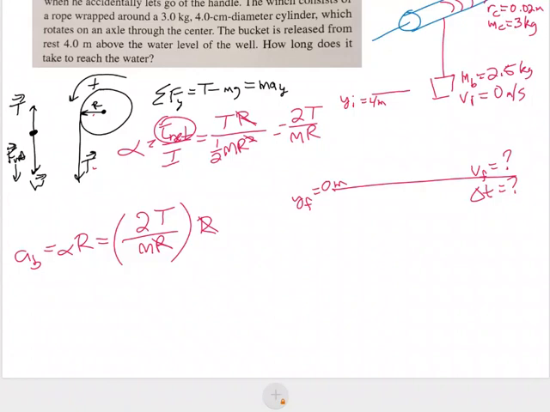Now, the acceleration for the bucket is going down, which is negative. So I should have a negative AB, or I should put a negative in front of this to make it right. Agree with that? So now we have equals negative 2t over just m. And that is not just acceleration of the bucket, but that's actually the acceleration in the y direction.